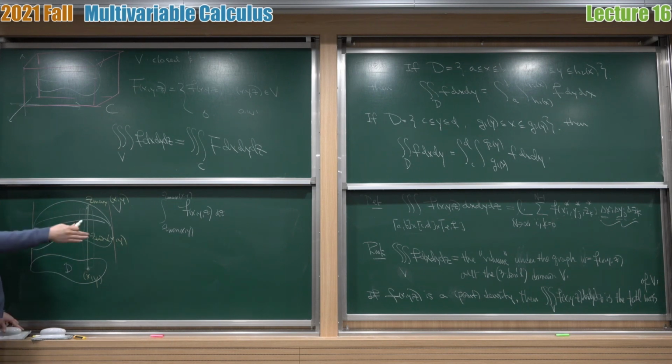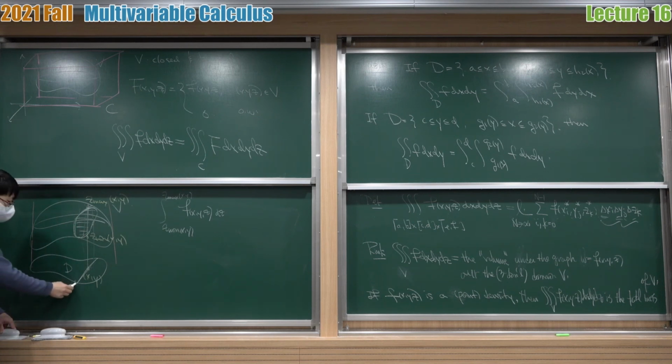You add that mass over the x range, or you can take it as the y range. I take the x range here. So here I have a slice like this.